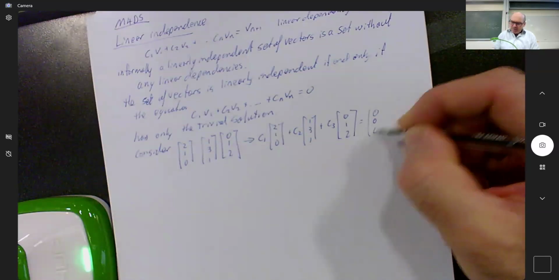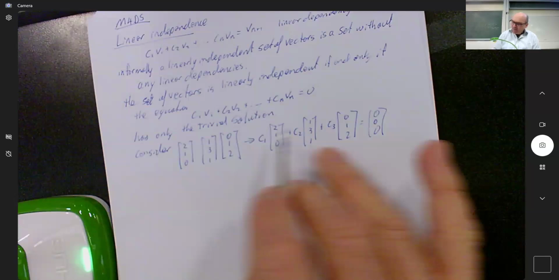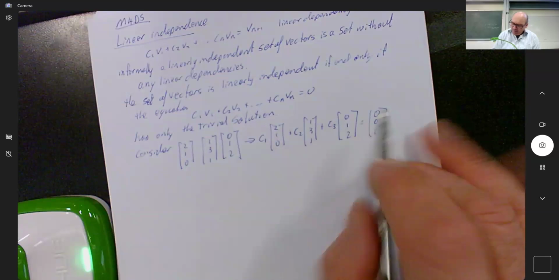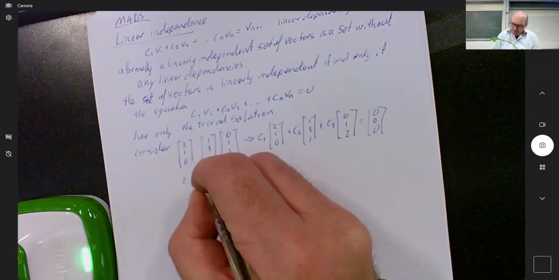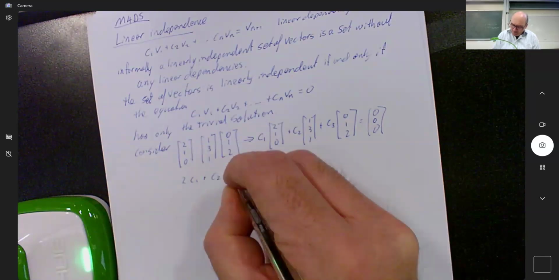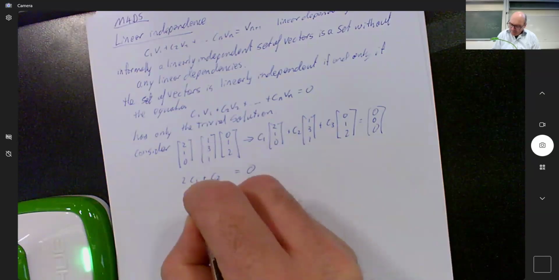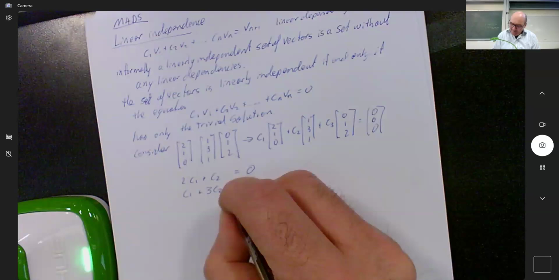If I write this out as equations, the equation I get for that first component would be 2 times C1 plus C2 is equal to 0. The second component would be C1 plus 3C2 plus C3 is equal to 0.